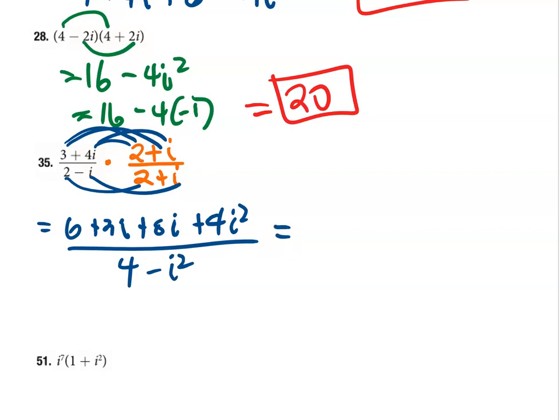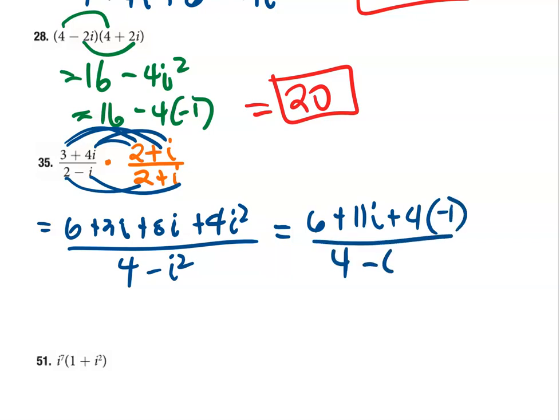So 3i plus 8i is 11i. 4i squared, where i squared again is negative 1, and likewise in the denominator. So this is equal to 4 times negative 1 is negative 4. 6 minus 4 is 2, plus 11i, over 4 minus negative 1, which is 5.